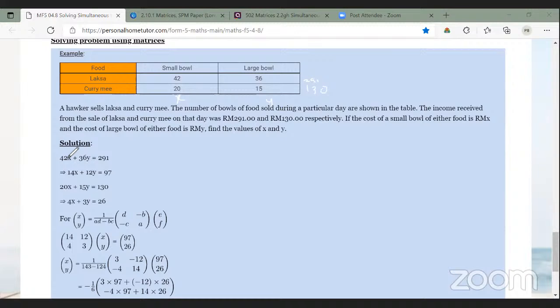So to solve this, we write down the equation. So if you can see here, 42 small bowls plus 36 large bowls. Because we don't know the exact value, you'll get 291 ringgit.